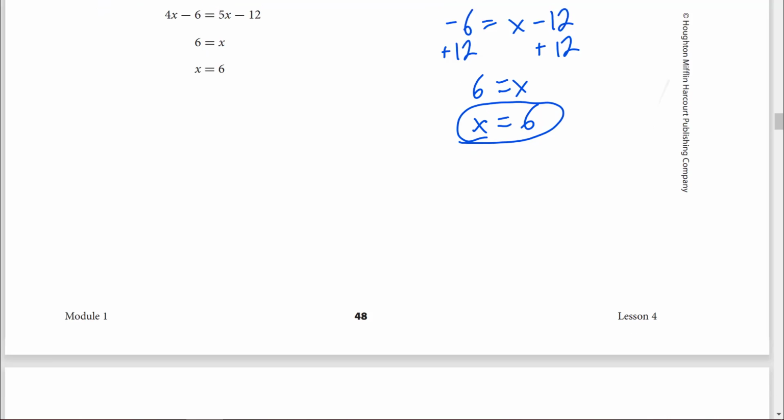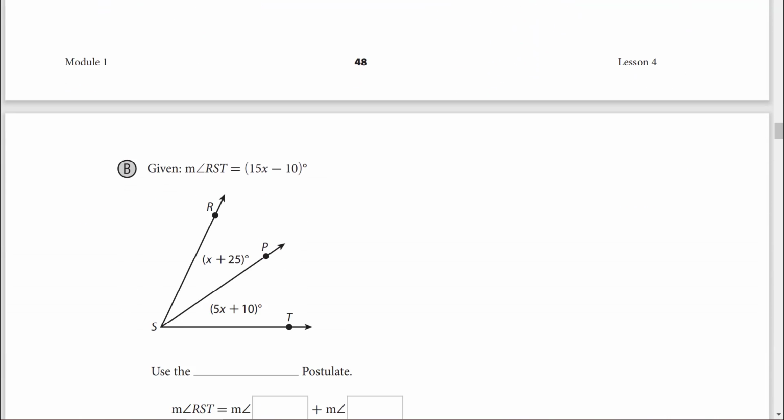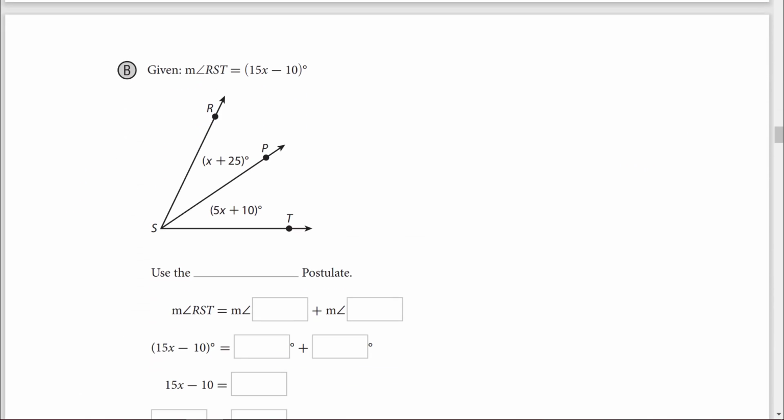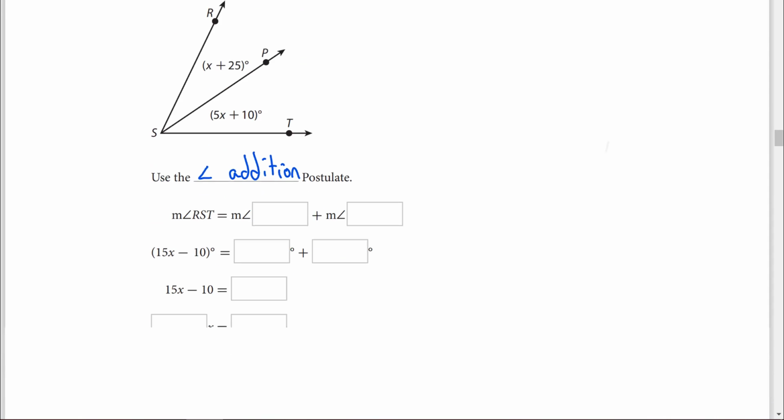Let's take a look now at part 2, or part B. This is using the same ideas, but now we're going to use the angle addition. I'm going to use the angle addition postulate. And here we go with it.